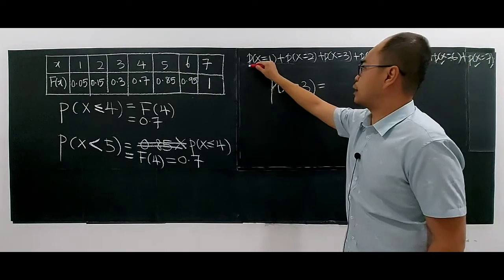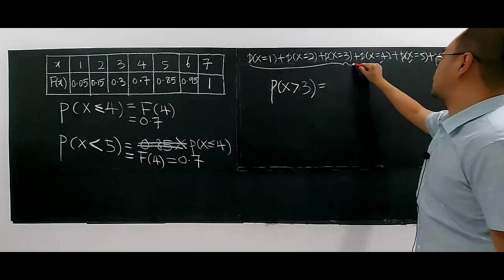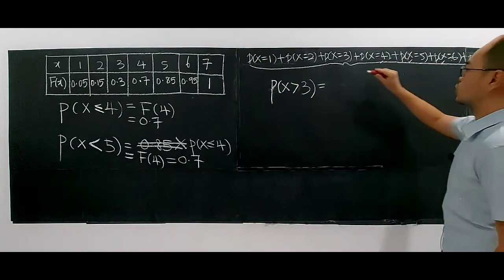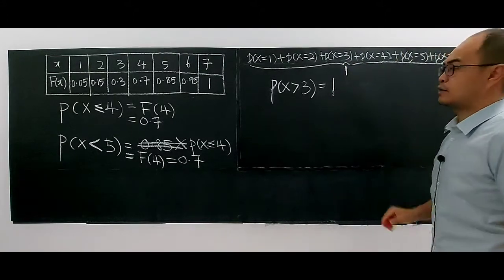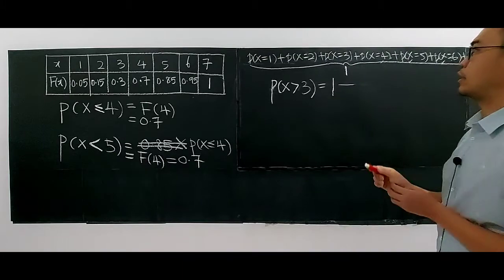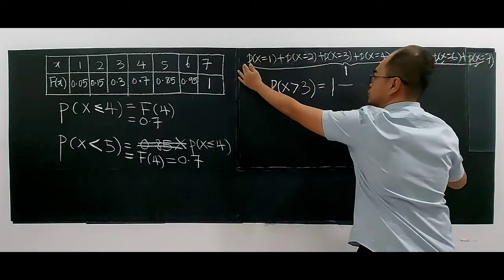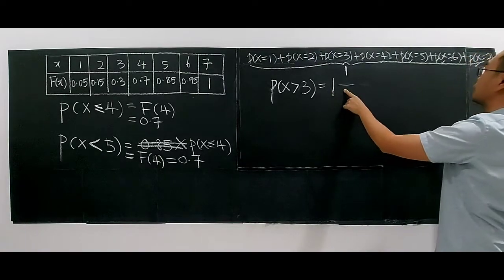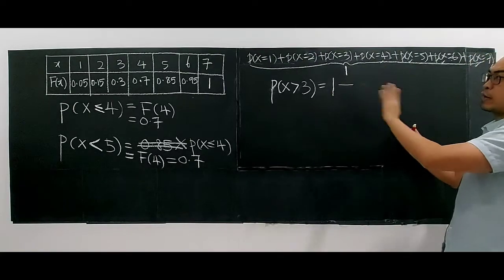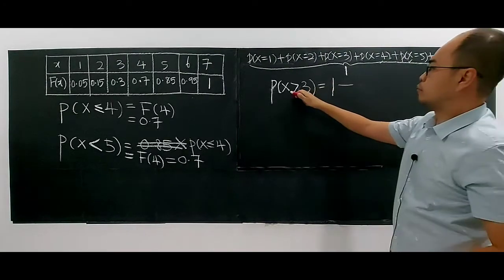But you know that the total of everything, from here up to here, will be 1. So I take 1, minus away the ones that I don't want, because I want more than 3.